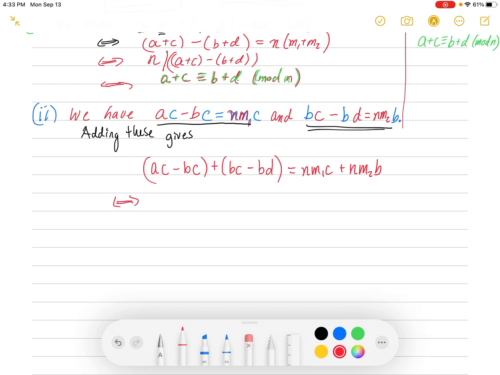So on the left side, the BC's can cancel, positive BC and negative BC. We get AC minus BD equals, and notice on the right side we have n's in common here, so we're going to factor out an n. We're going to have parentheses m1C plus m2B.